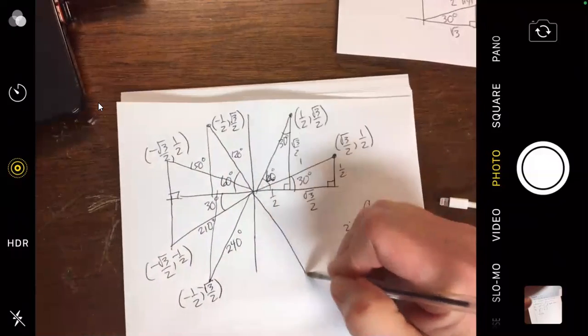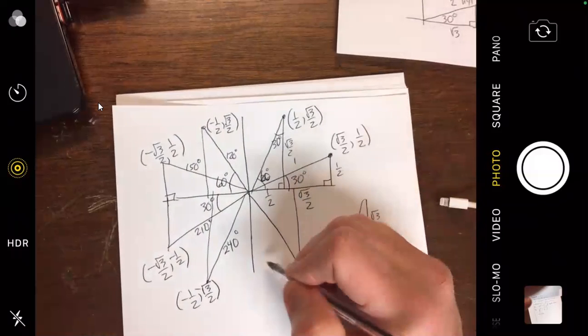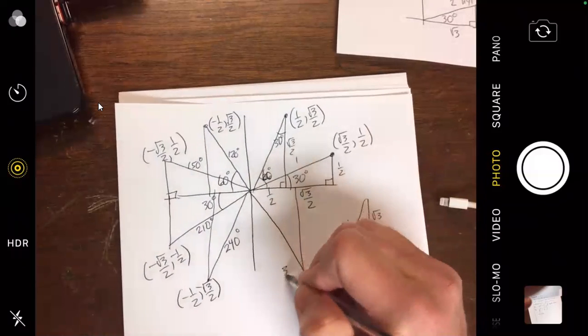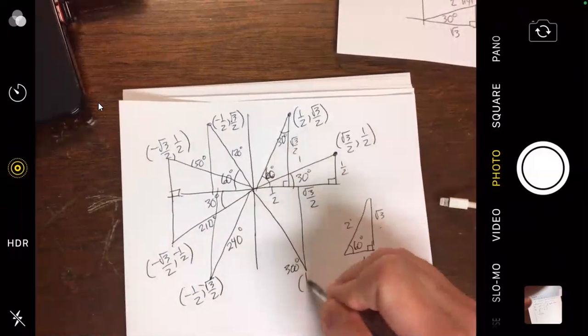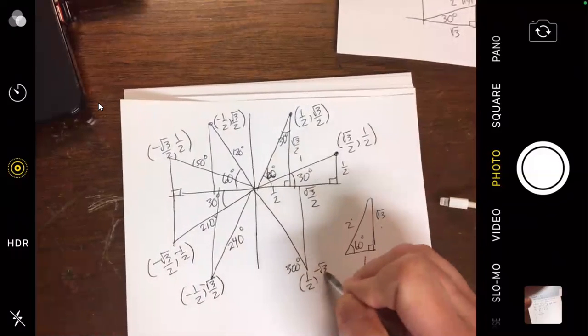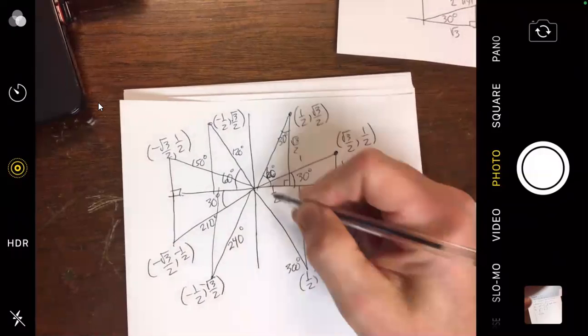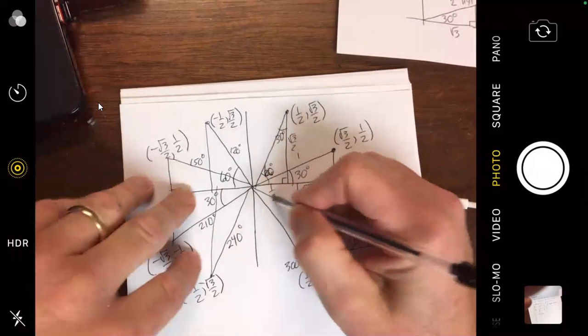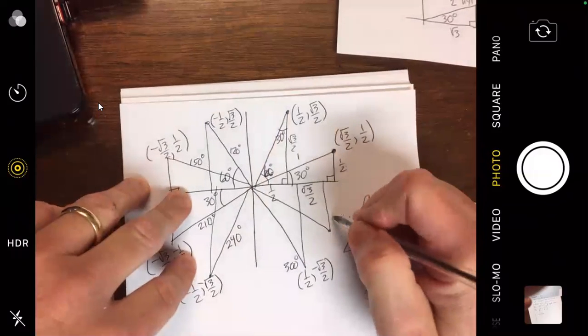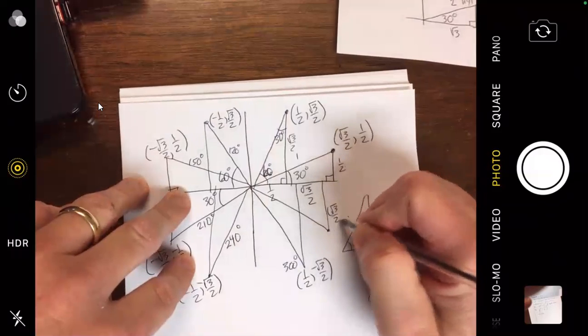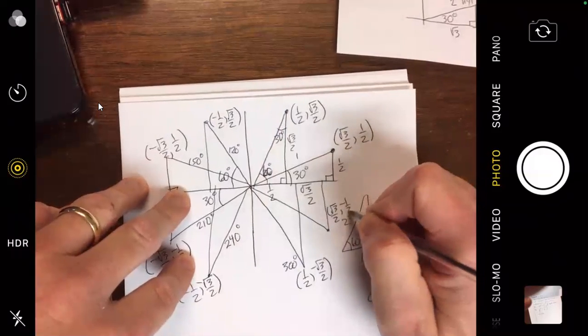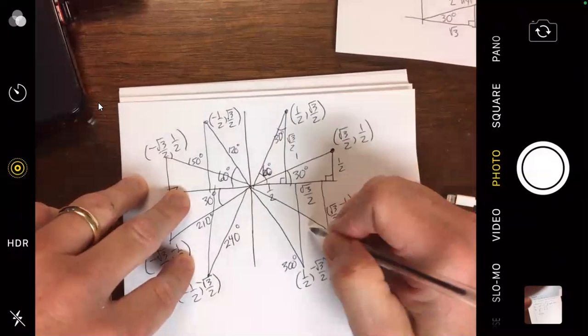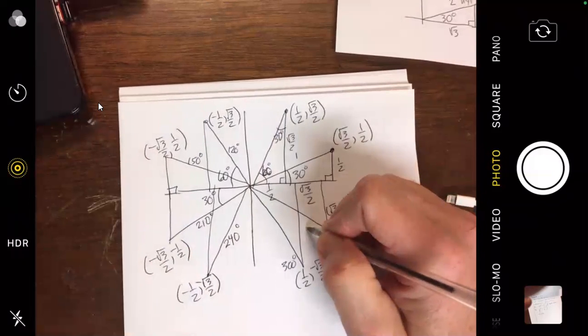Fourth quadrant, that would be 30 bigger than 270, 300 degrees: +1/2, negative root 3 over 2. And in this direction, positive root 3 over 2, -1/2. That would be at 330 degrees.